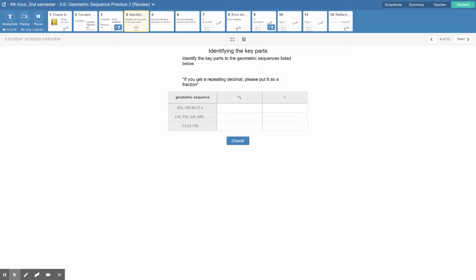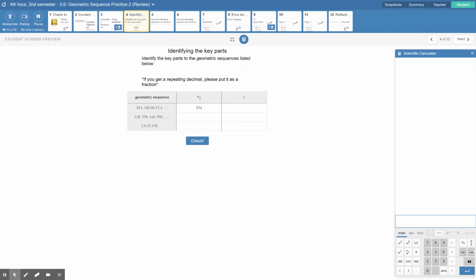Now for number 4, a sub 1 is just the first value of the sequence. So in the first sequence, it's 324, because that's the first term I see. Now when you have to work backwards, that's when you're trying to find the ratio. The ratio is 4 divided by 12, 12 divided by 36, 36 divided by 108, 108 divided by 324.